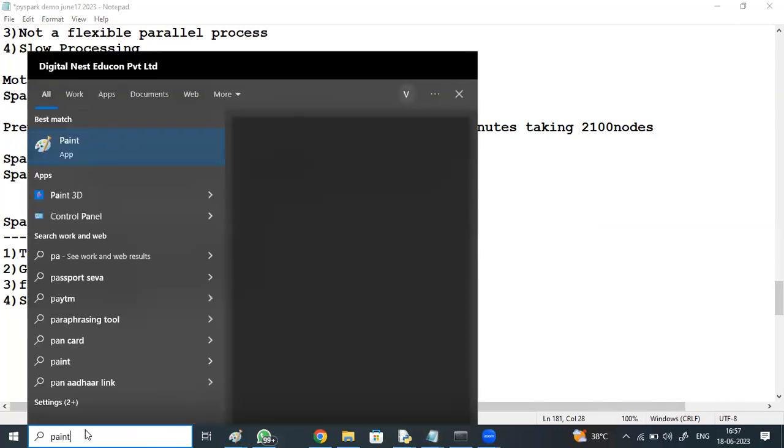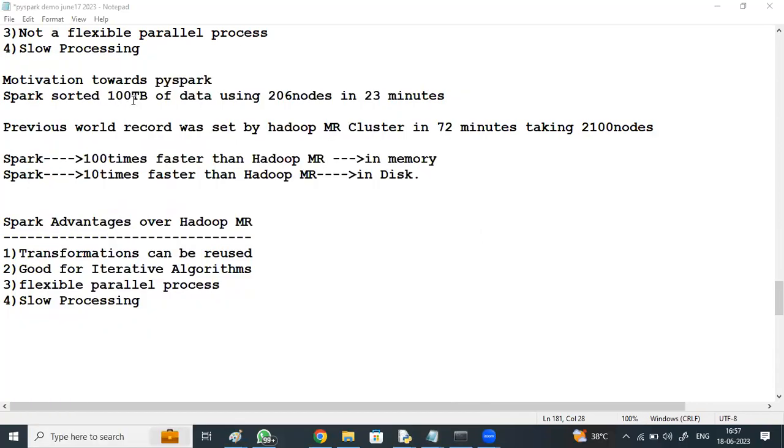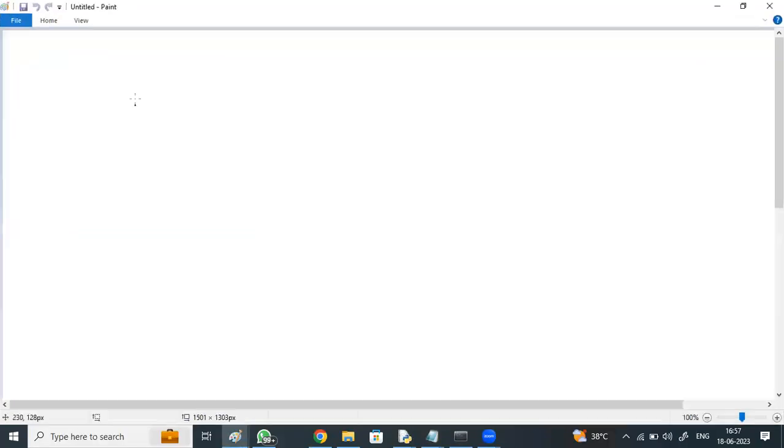Observe this, transformations can be reused means, this is the data, Spark data. And you perform some kind of transformations like transforming or filtering. The output is you get D2.